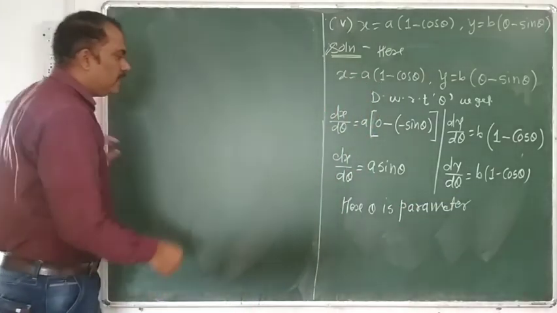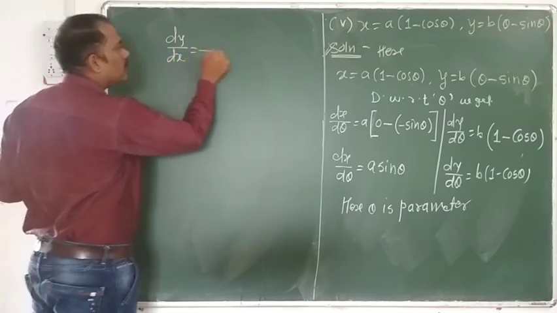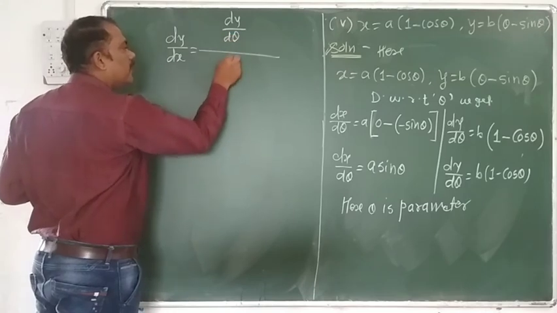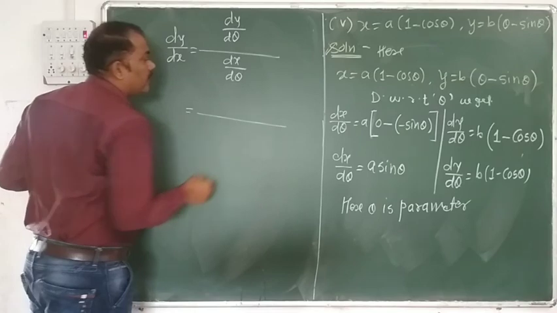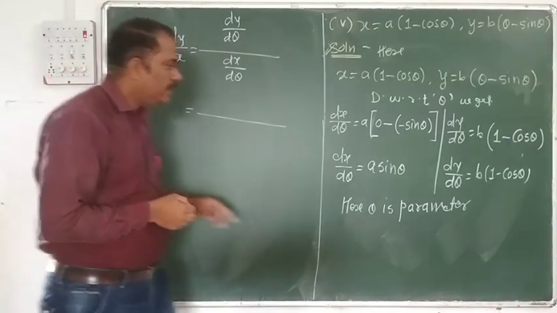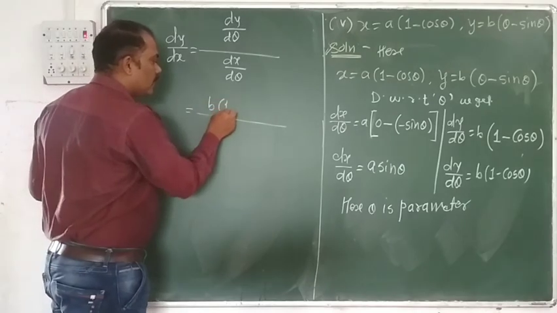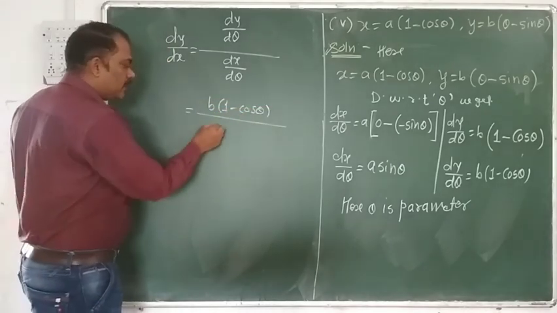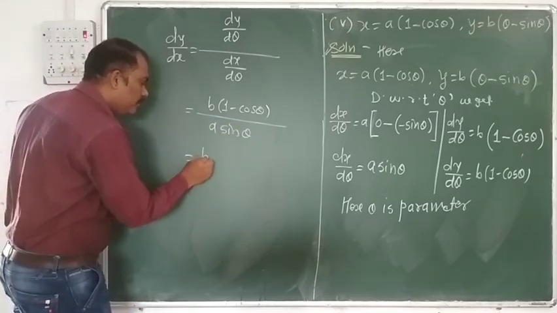So we can write dy by dx is equal to dy by d theta divided by dx by d theta. What is the value of dy by d theta? Dy by d theta is nothing but b into 1 minus cos theta. Dx by d theta is nothing but a sin theta.